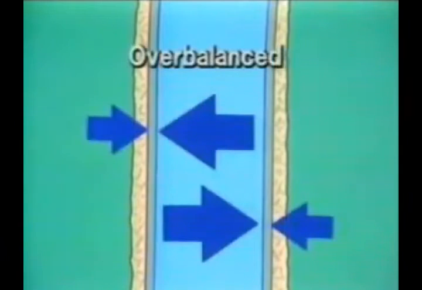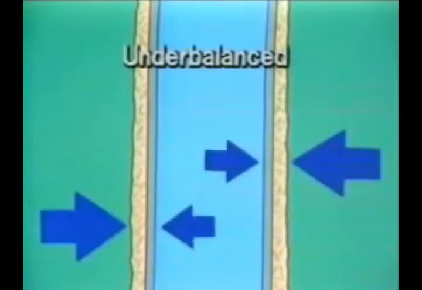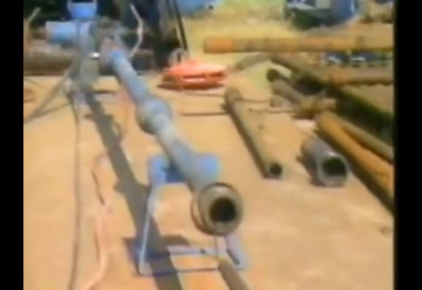With each of these delivery methods, there is an option of perforating overbalanced, with a higher pressure in the wellbore than in the formation, or underbalanced, with a wellbore pressure lower than formation pore pressure.